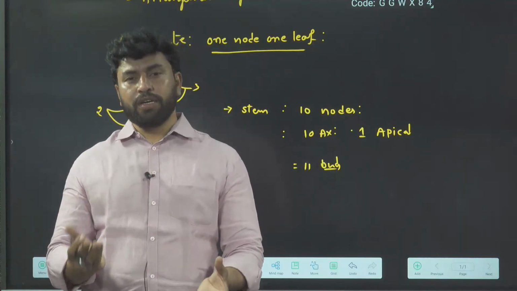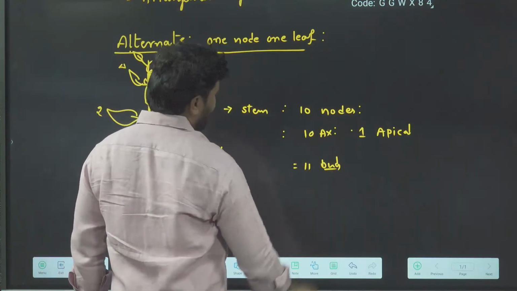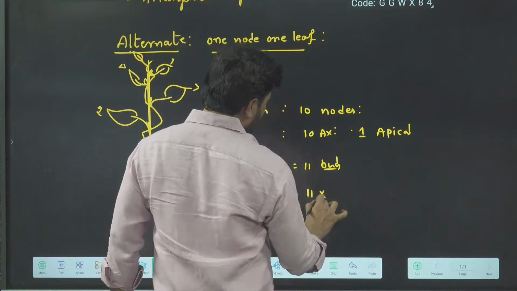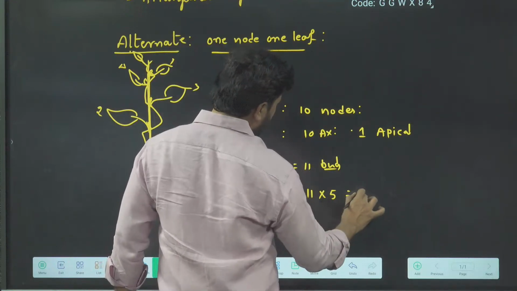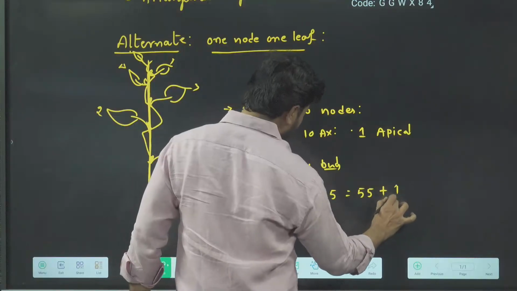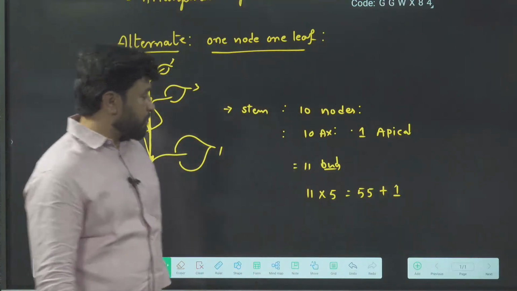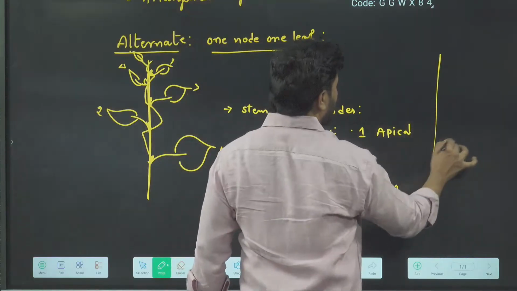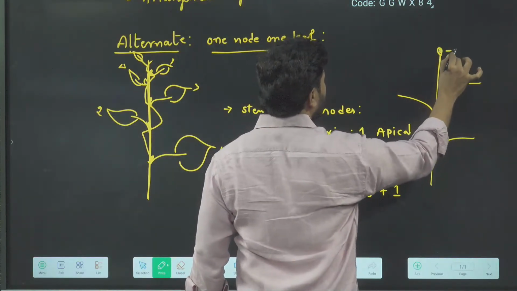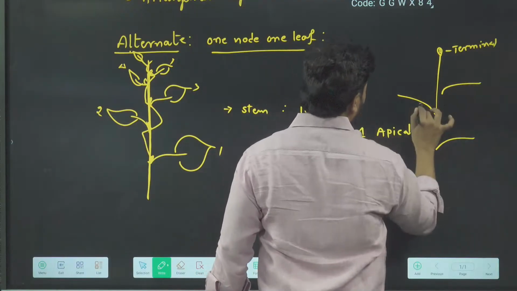Like that, every branch has 11 buds. 11 into 5 equals 55, plus 1 will be there. Why 1? Because if I take a branch, these are all our branches, there is one bud that should be terminal. That is the shoot apical bud.